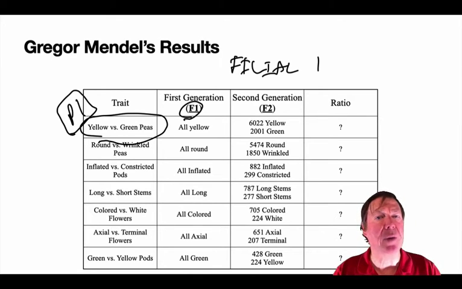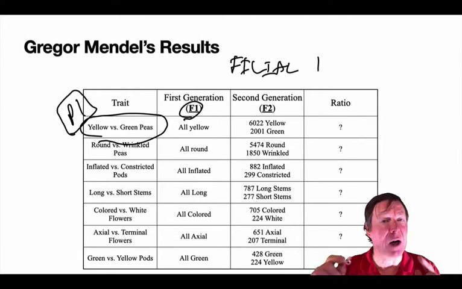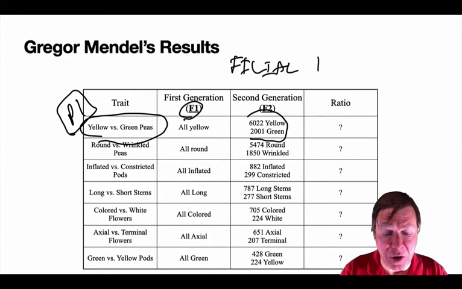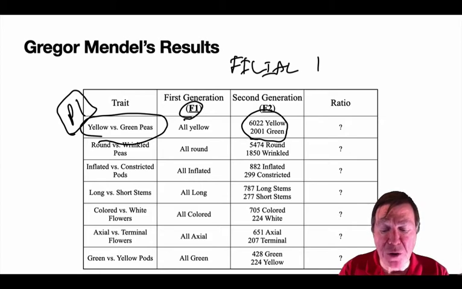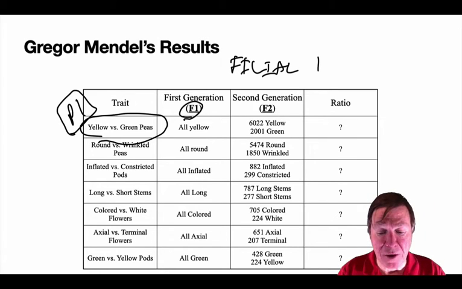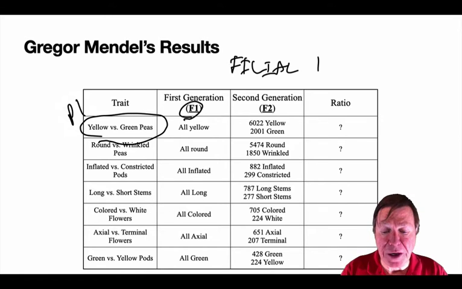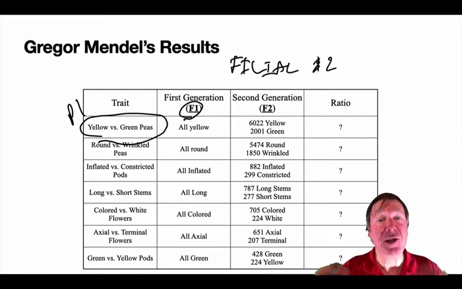There were no green plants at all, no green peas. But when he crossed those, the siblings, he ended up with 6,022 yellow and 2,001 green. That's the F2 generation. F2 stands for filial 2, which means it's the second generation. It's like the grandchildren, okay?